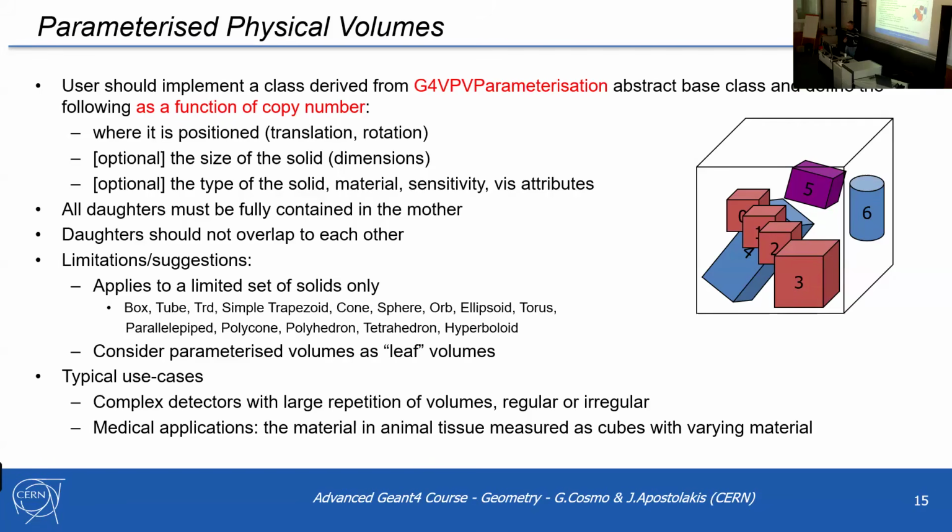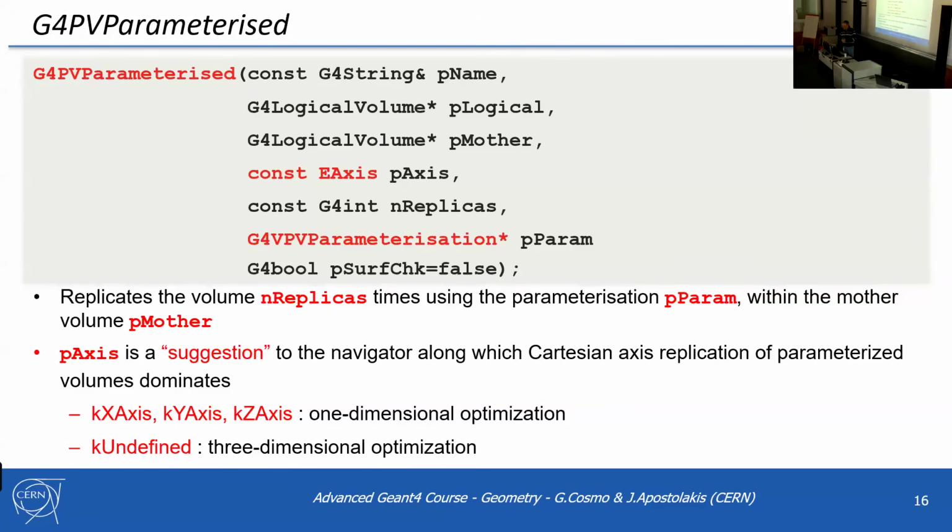So, as I say, typical use cases are complex detectors with a large repetition of volumes, regular or irregular, and in the case of medical applications, as I was mentioning before. So this is the constructor for G4PVParameterised. As for the replica, it has a name, the pointer to the logical volume of the parameterised entity, the pointer to the logical volume of the mother.